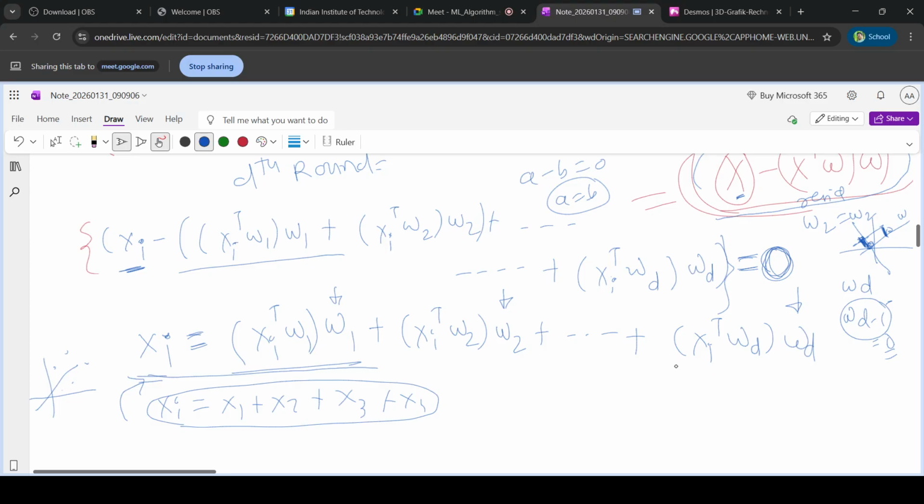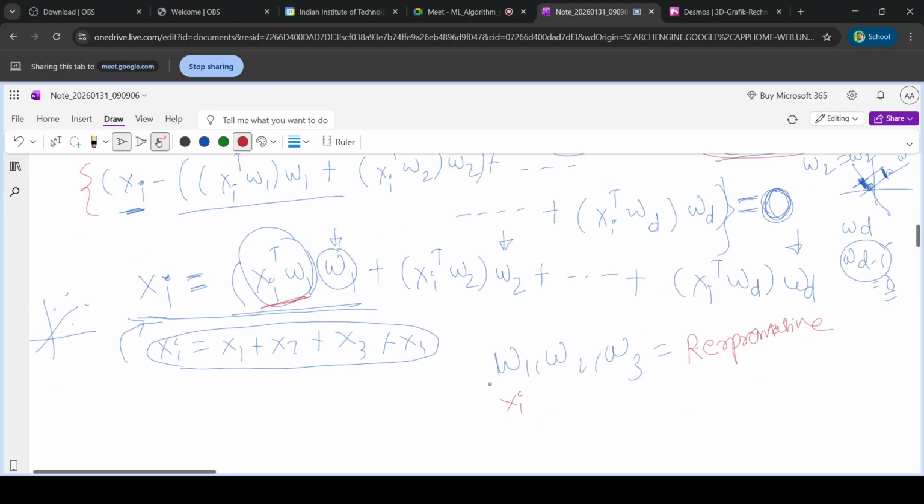Earlier the base was simply x1, x2, x3, but now we use W1, W2, W3 and so on as the representatives. And these values, xi transpose W1, xi transpose W2, xi transpose W3 up to WD, are all your coefficients.